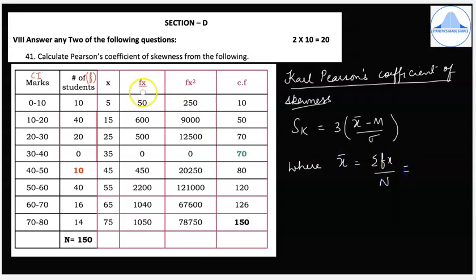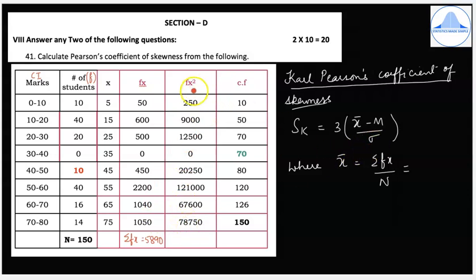So now in the table, form the next column as fx. So it is 10 into 5 is 50, 40 into 15 is 600, and so on. So next, calculate all the fx values, and when you add them up, you will get summation fx as 5890. Then similarly, I'll also find out fx square because it will be required for the sigma calculation.